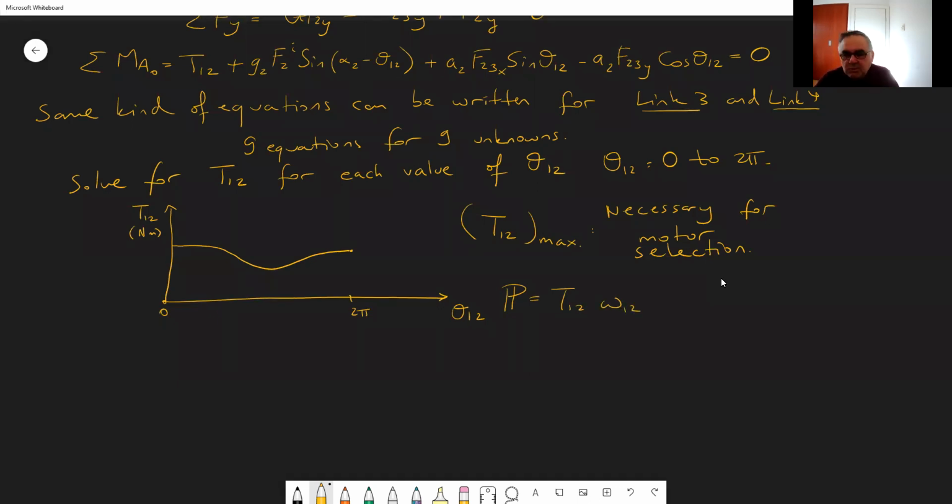You can select the motor accordingly by finding the maximum power as well, okay? So if omega 12 is constant, the maximum power is where T12 is maximum. So it is quite involved, as I said, but eventually you come up with the solution for the 4-bar mechanism.